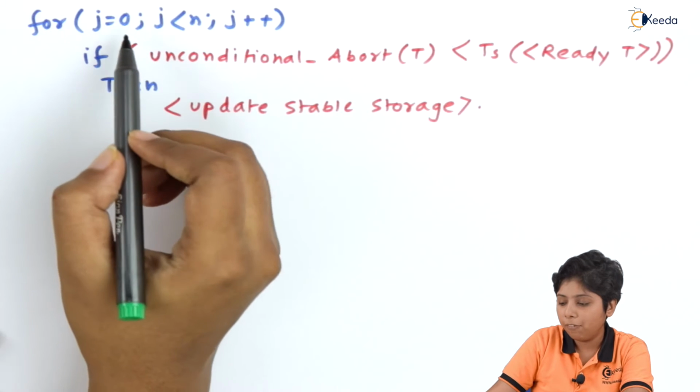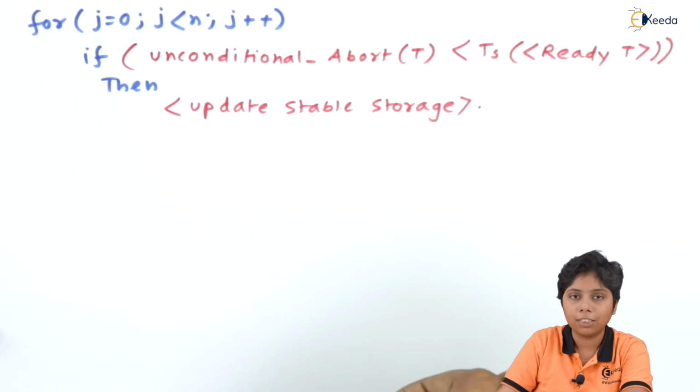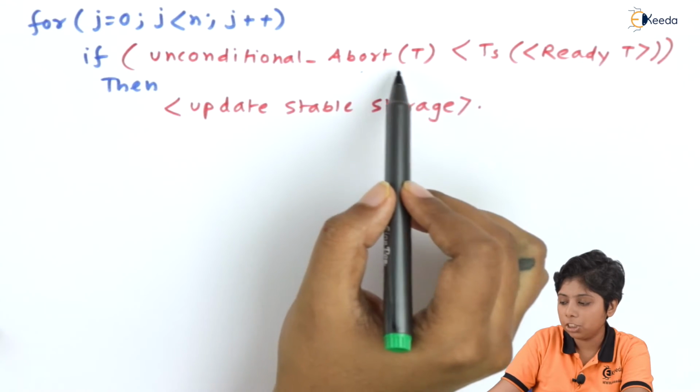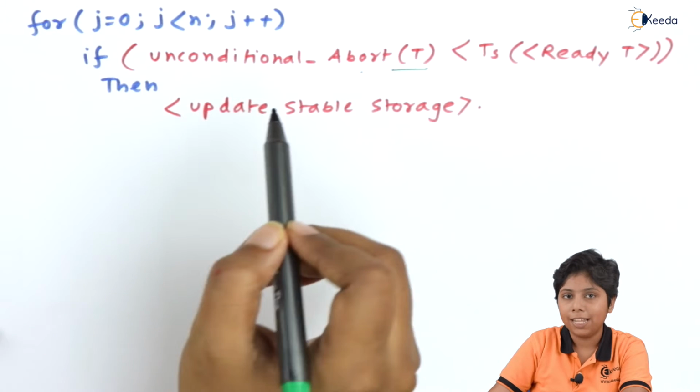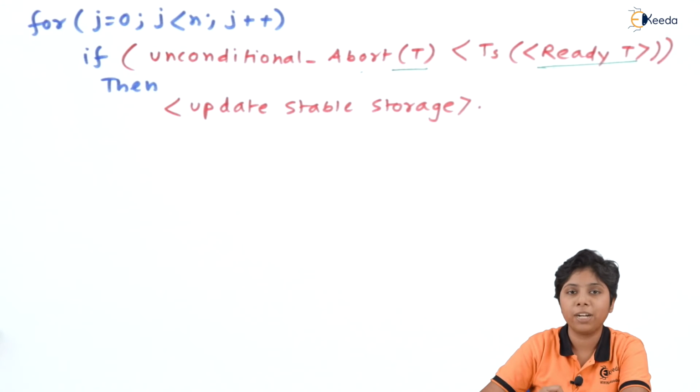So if a transaction is terminated by the site locally and it is sending the ready T message, that means actually it is sending an abort message. Suppose every transactional site can make an unconditional abort on the transaction, that happens before it ships the ready T message to the coordinator CI.